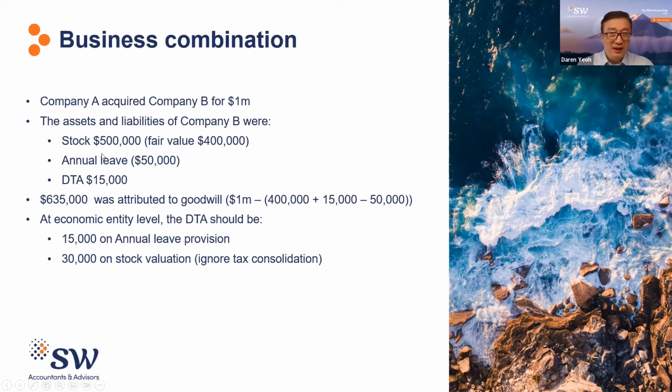However, at the economic entity level, let's ignore tax consolidation at the moment, the economic entity has two future deductions. One being the annual leave provision, and two being the fact that the fair value of stock is less than the tax cost of 500,000. So there's an additional deferred tax asset of 30,000 on stock.